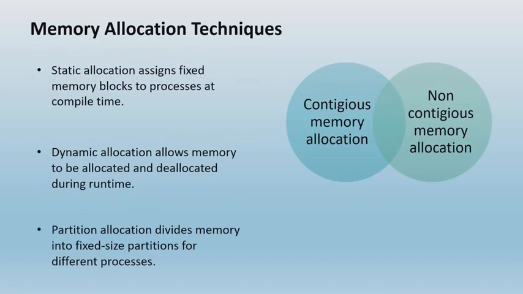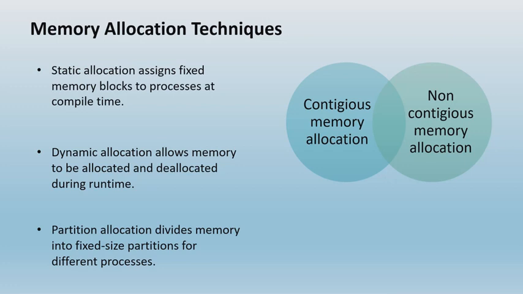Now coming to the memory allocation techniques, that is contiguous memory allocation and non-contiguous memory allocation. Contiguous memory allocation is also called static allocation, and non-contiguous memory allocation is also called dynamic memory allocation. Static allocation assigns fixed memory blocks to processes at compile time.